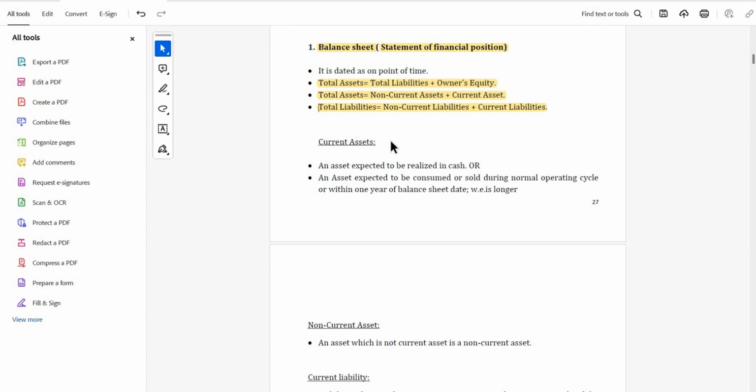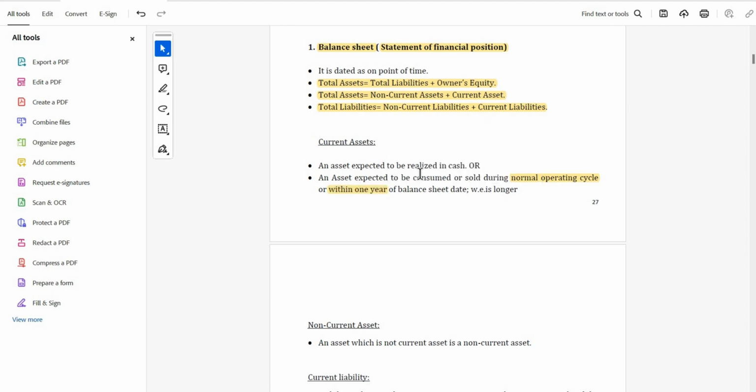It is basically assets which can be realized in cash within 12 months or normal operating cycle. We just have to know these two things: normal operating cycle or which can be realized within 1 year of balance sheet date.